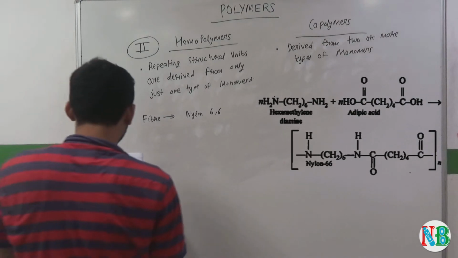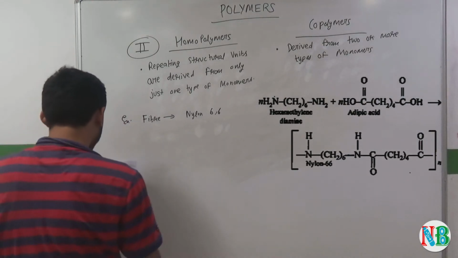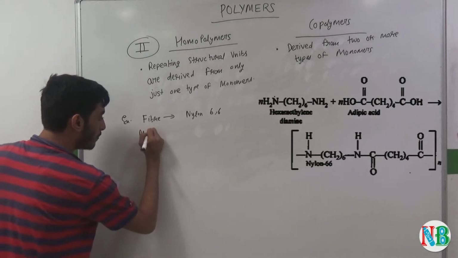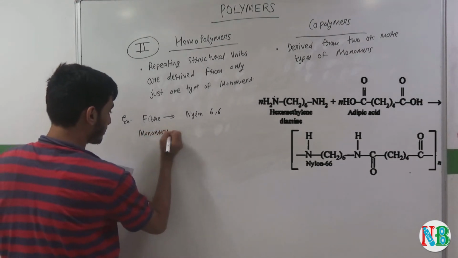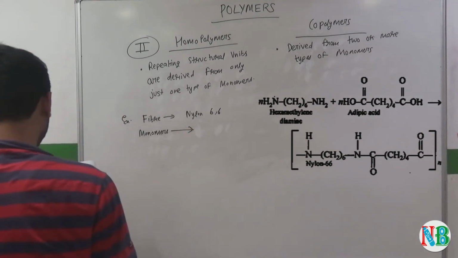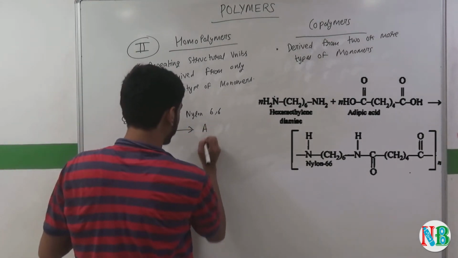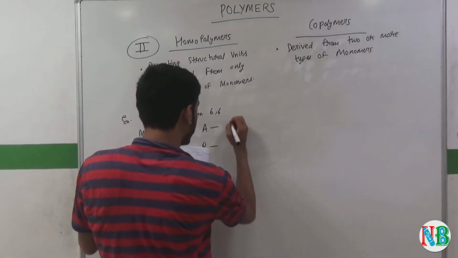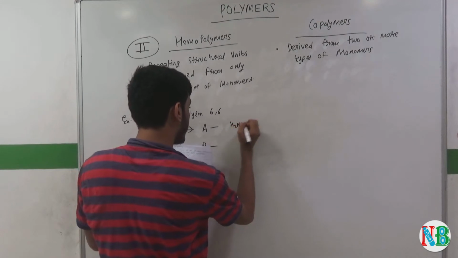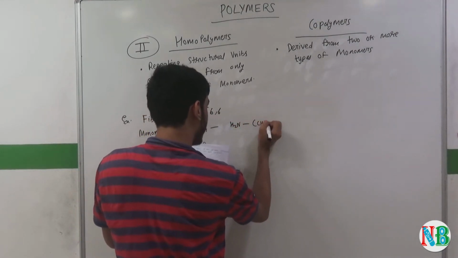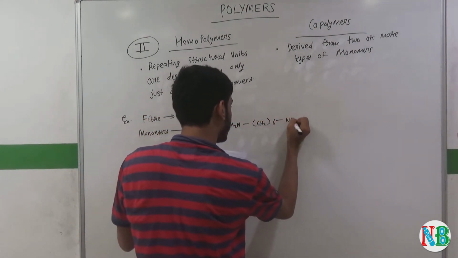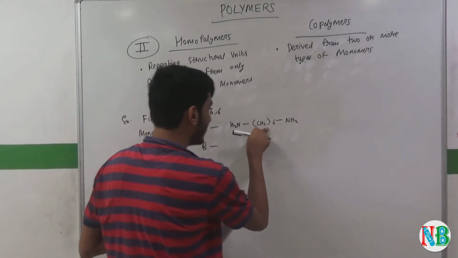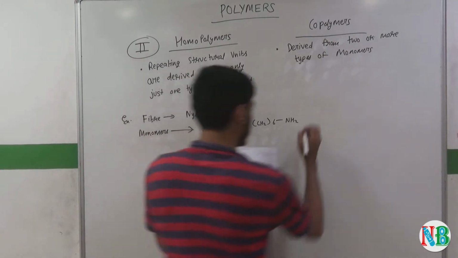So I'll just show you how it looks. In the reaction we use two kinds of monomers, A and B. The A one looks like this: H2N, CH2 6, NH2. If you name this compound, it is hexamethylene diamine.